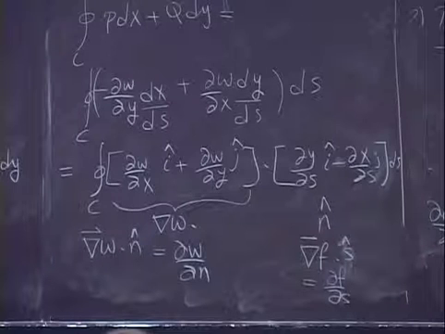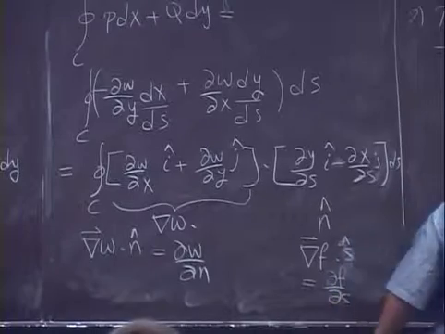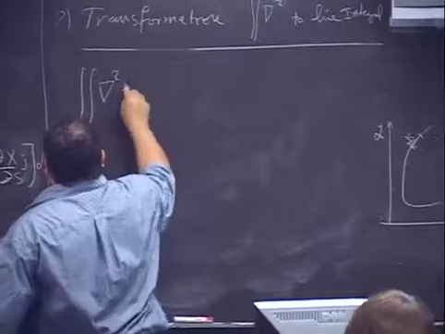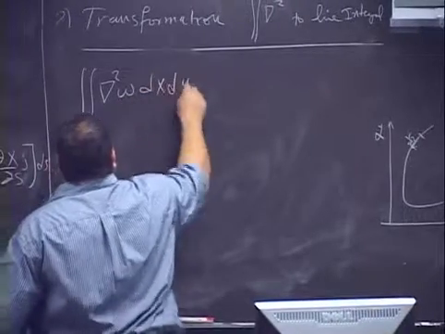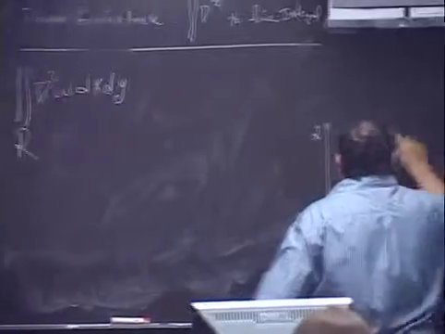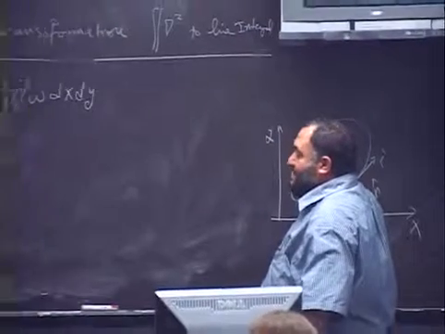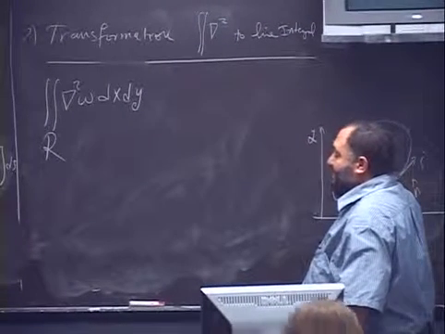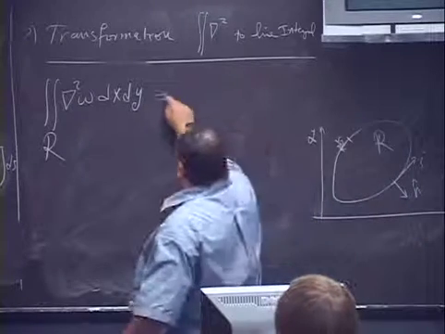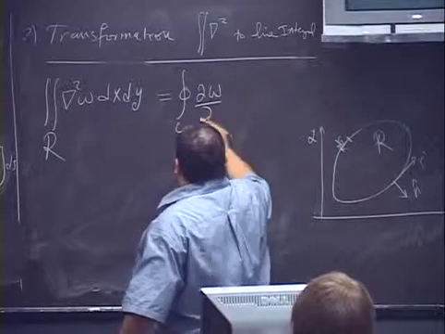So now I can rewrite my transformation as following. The nabla square omega over an area dx dy in a region. So all what you will do, you have a region R and you have some function omega defined in this region R, and by taking the nabla square and you want to integrate over the surface area, is simply equal to d omega by dn.